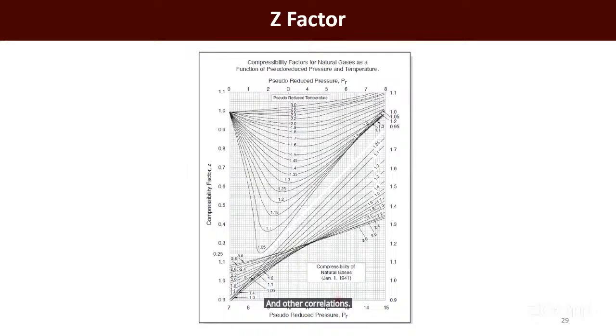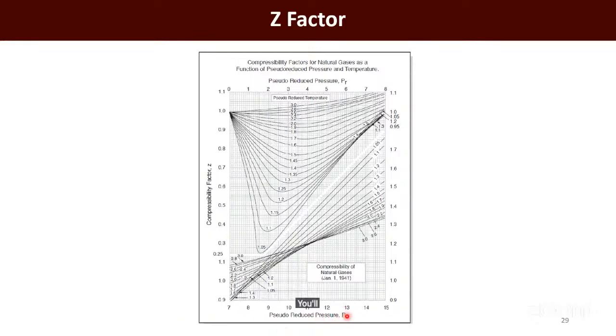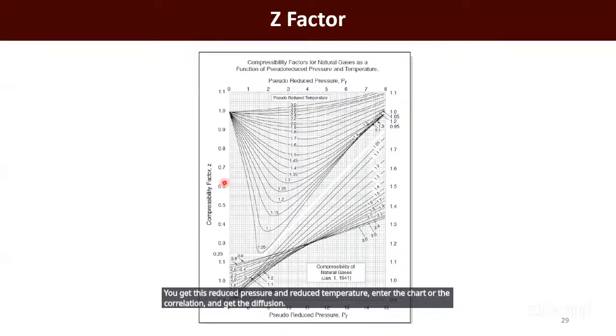It's a function of the pseudo-reduced pressure, and the lines are pseudo-reduced temperature. This can be calculated through other equations. We don't have time to take that into consideration, but they are very easy equations. You get the reduced pressure and reduced temperature, enter the chart or the correlation, and get the deviation factor or the compressibility factor.